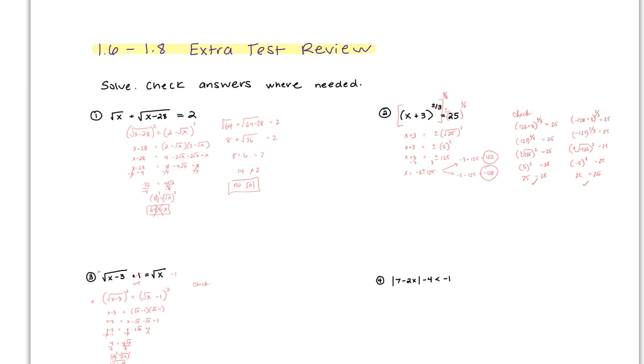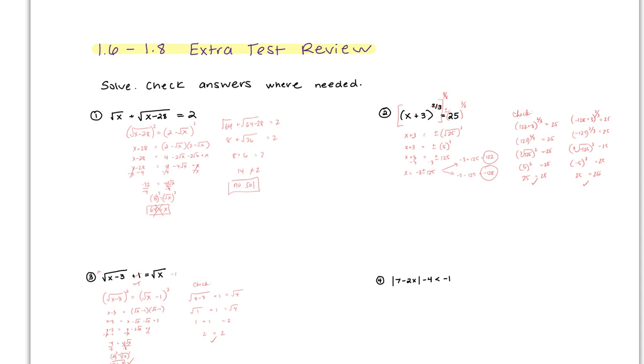I'd rather plug it into the original, so that's what I'm going to do. So it's going to be the square root of 4 minus 3, plus 1, equals the square root of 4. So the square root of 1 plus 1 is the square root of 4. This is 1 plus 1 equals 2. 2 equals 2. That works. And so this is a valid solution.